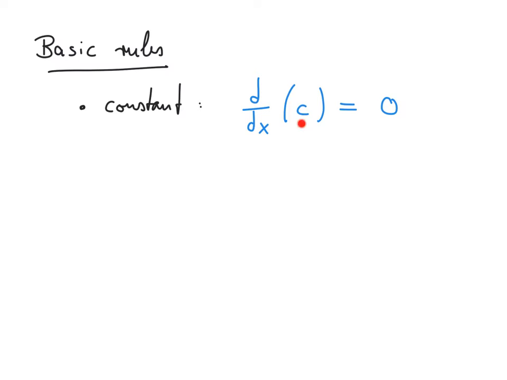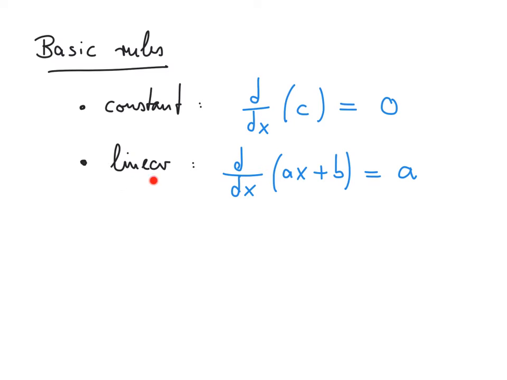So if you have a constant function, the constant function c here, where c can be any value, if you take the derivative of it, you get zero. And the explanation for this rule is just as easy. I mean, since the derivative measures change, or the rate of change, and the constant function never changes, so change is zero. That's it.